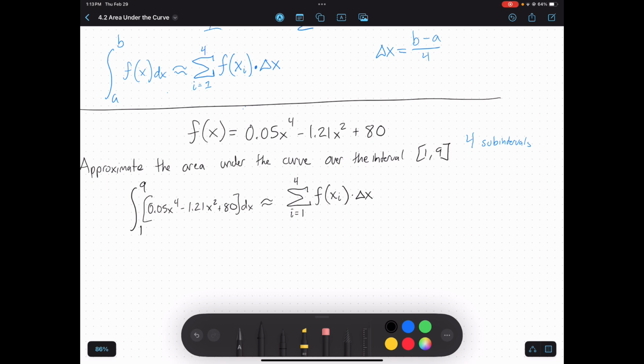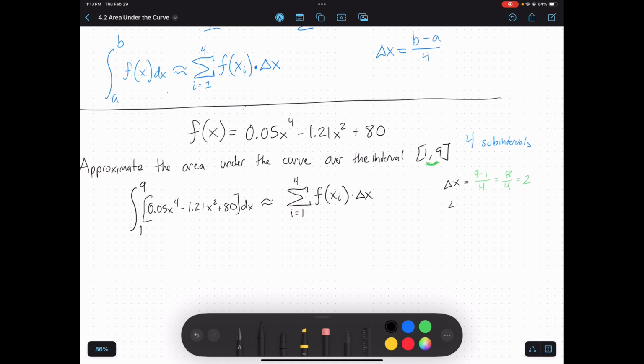What's my width of each rectangle going to be? Well, in our case, it's going to be the distance between my starting x value and my ending x value, divided into those 4 subintervals. So in our case, it's 9 minus 1 divided by 4, which is 8 over 4, which equals 2.